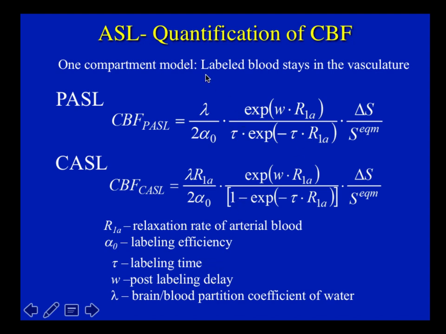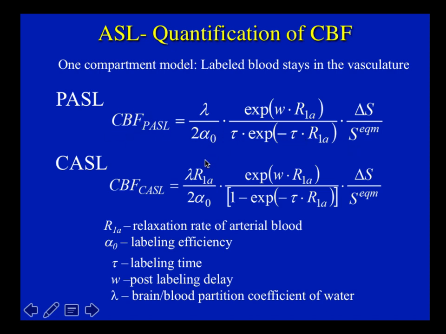Okay, so now we know how to create tagged blood and determine the signal change due to inversion of proximal blood magnetization. Now we have to figure out how to quantify the CBF from that information. In ASL, it turns out we can directly use a formula like this to quantify the signal changes into CBF.